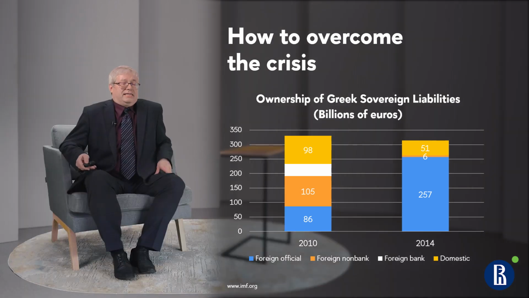What can be done in this situation? At first, the Greek government decided to exit the Eurozone and to introduce its national currency, the drachma. But in this case, the political consequences for all Europe would be dramatic. So the debt was restructured. Shares of private investors were sold to European governments.